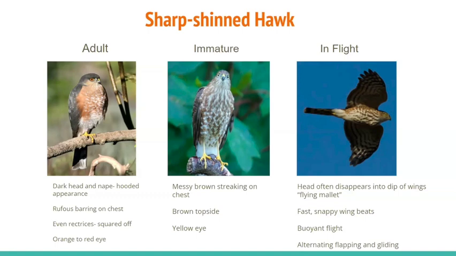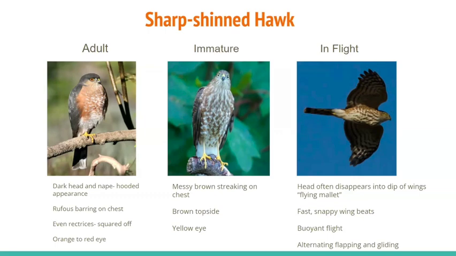And their eyes as an adult tend to be orange or a very bright red. The immatures, on the other hand, have a very messy brown vertical streaking all down their chest and down into their flanks. They have a lighter brown topside, and instead of that orangey red eye, they have a bright yellow eye.